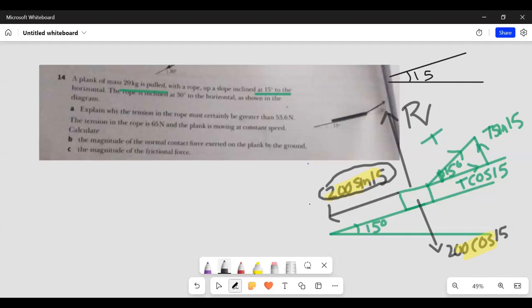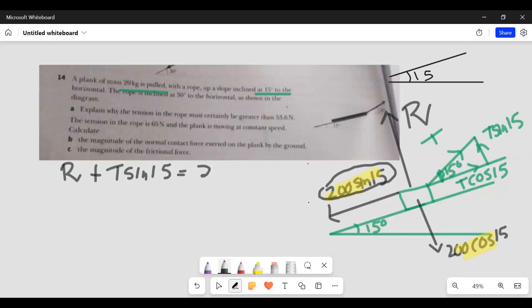So you can say R, which we don't know, plus there's also another upward force, which is that parallel to R. T sine 15. Yeah, so R plus T sine 15 equals what? 200 cos 15. Right, 200 cos 15.